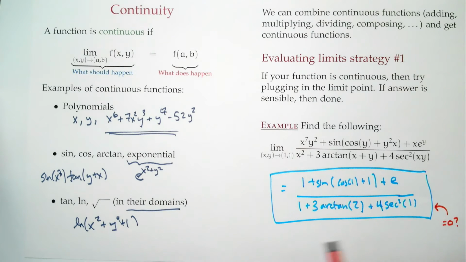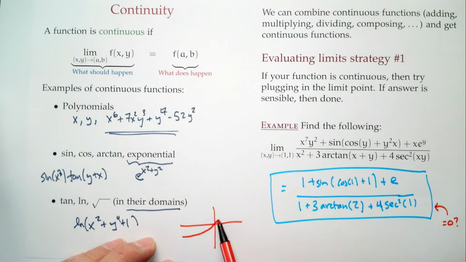Does its denominator equal 0? Well, you might say, I don't know, I'd have to know what arctangent of 2 is, and what is secant of 1. But actually, we can make things a little bit easier. 1 is positive. Arctangent of 2, is that positive or negative? Oh my gosh, I thought everyone knew what arctangent is.